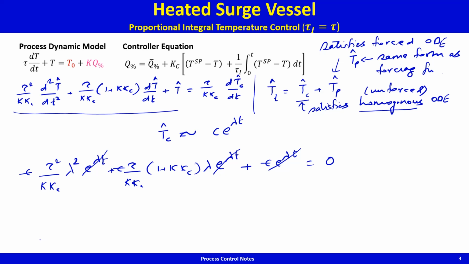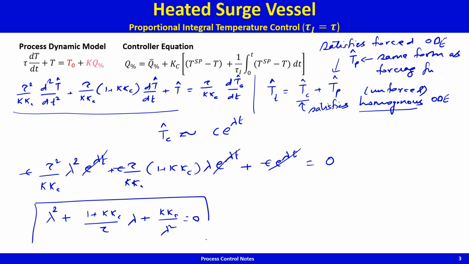The usual form of writing the characteristic equation is to make the coefficient of the highest power of lambda 1. So the characteristic equation, after the necessary manipulation, is going to be 1 plus kkc by tau lambda plus kkc by tau square lambda square is equal to 0.